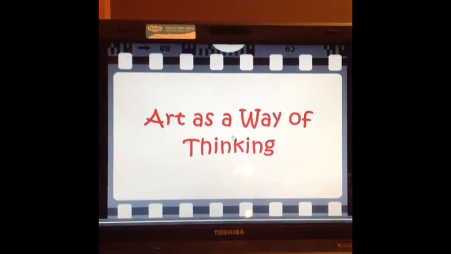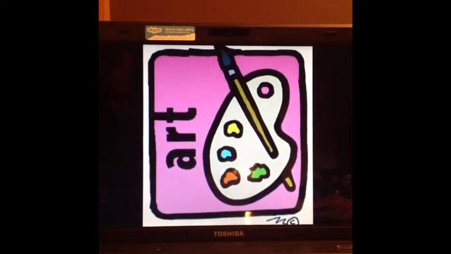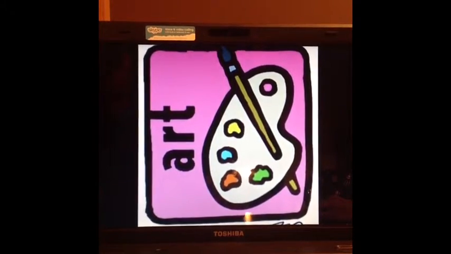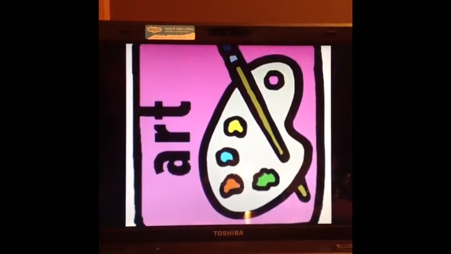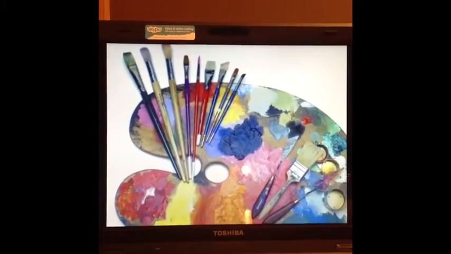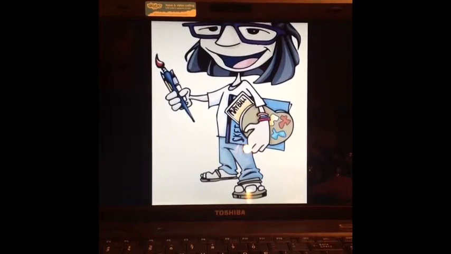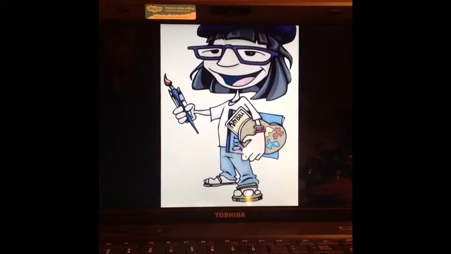Art as a way of thinking. Of all the changes that have occurred in my life, one thing, besides my family, has maintained a strong presence: art. Art provides me with an outlet for expression of who I am, what I value, and what I see in the world around me. Art provides me with a way of thinking. What do I mean by this?